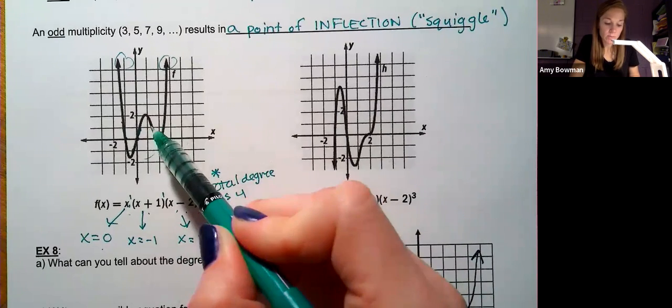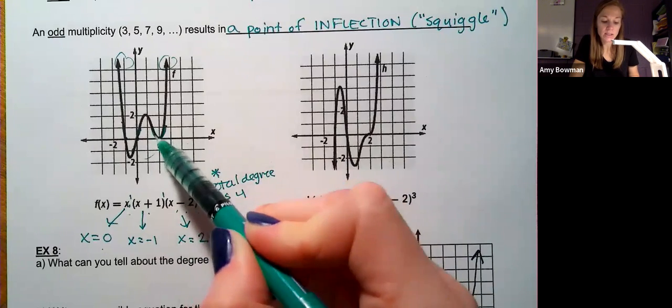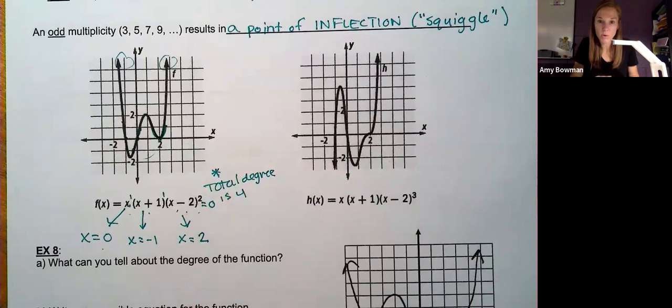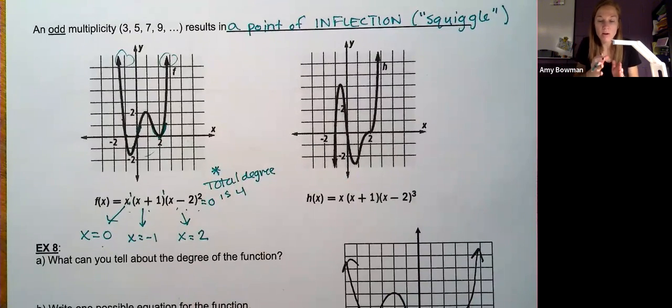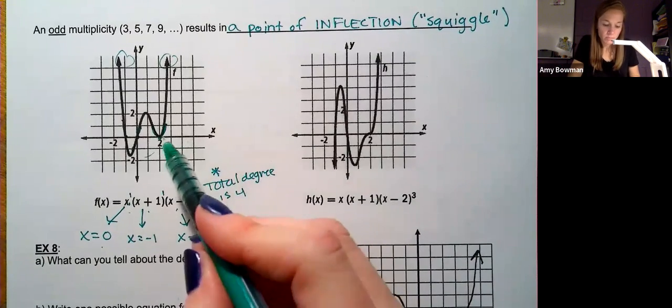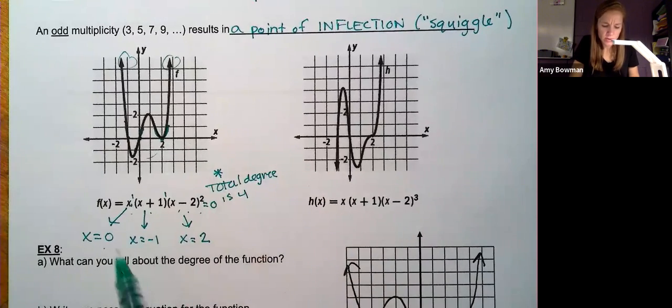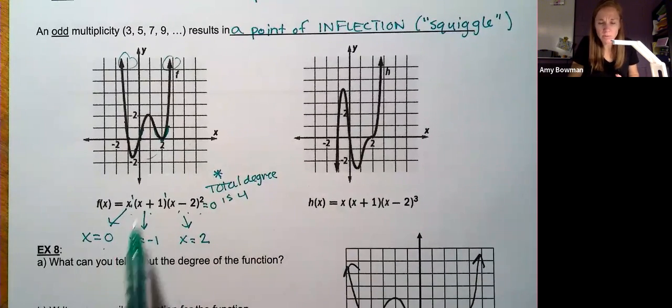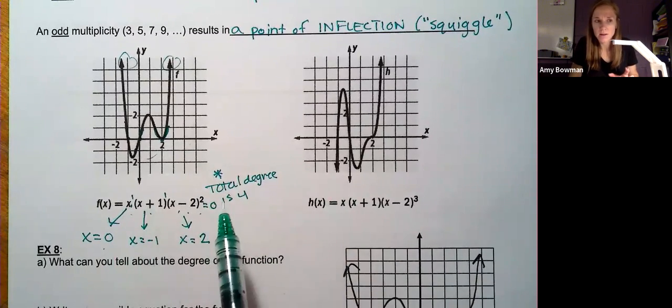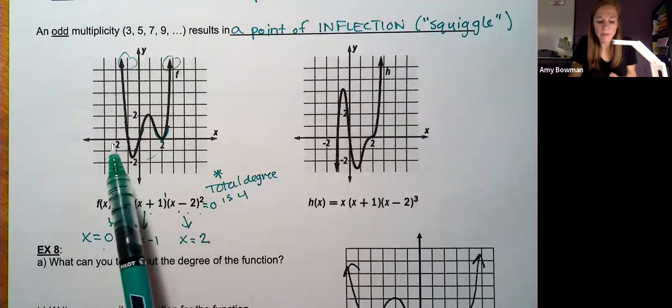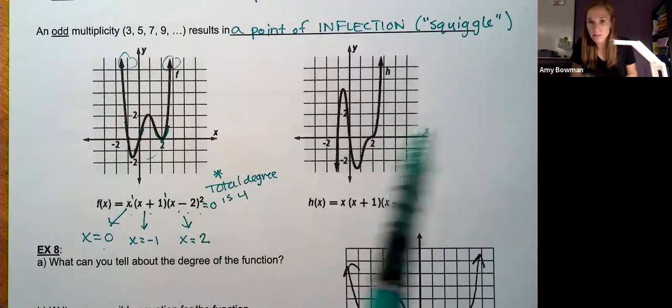That means it's going to bounce off of the x-axis. That's a point of tangency because it's touching the x-axis at one point without cutting through it. So that's how you break down the factored form of a polynomial, and you can sketch what the graph is doing at those zeros based on the multiplicity.